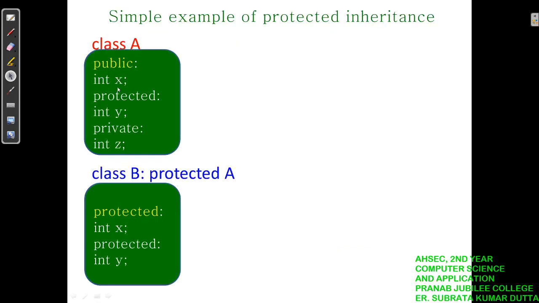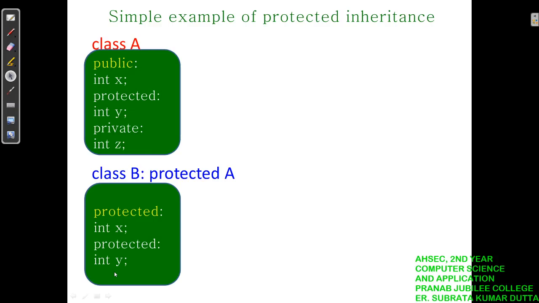See, x is public, y is protected, z is private. Now I have created class B which has inherited class A by visibility mode protected. See, I have not used the visibility mode public, I have used protected. So z will not come, as we have discussed.